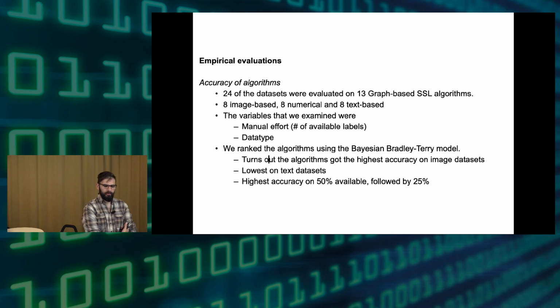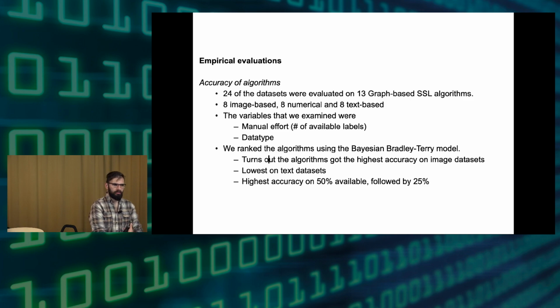So we compared them in terms of how many labels we need in order to get the highest accuracy in our algorithms. And then we also looked at individual data types: do they work better for text-based, image-based or numerical data sets? And then we used something called the Bayesian Bradley-Terry model to rank them according to which one has the highest accuracy.